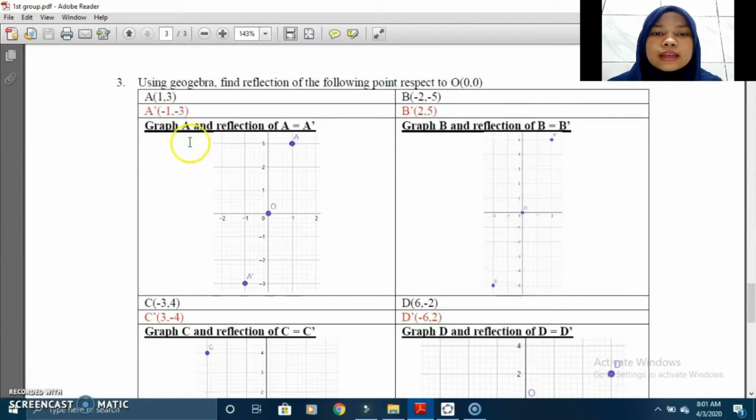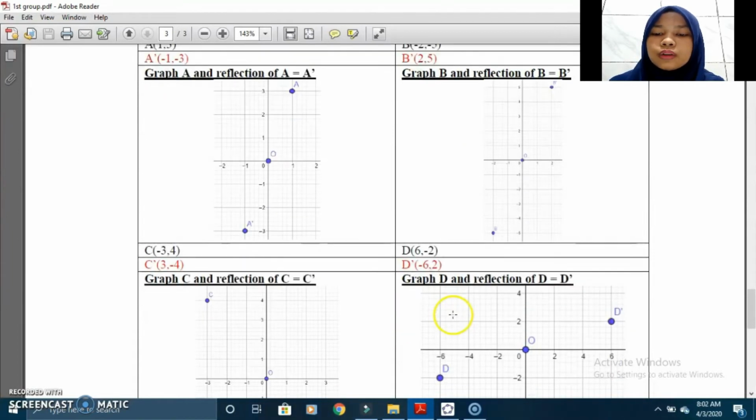Now we look at the pattern. If A has coordinates 1, 3, then A' is minus 1, minus 3. B is minus 2, minus 5, then B' is 2, 5. C is minus 3, 4, then C' is 3, minus 4. D is 6, minus 2, then D' is minus 6, 2.